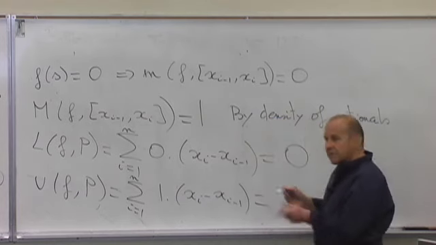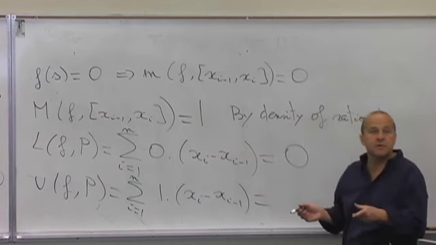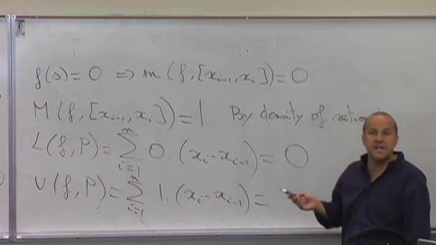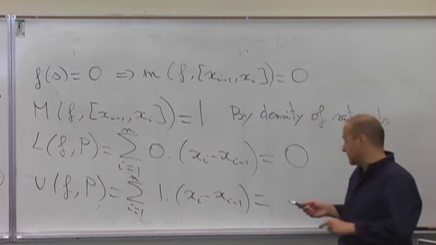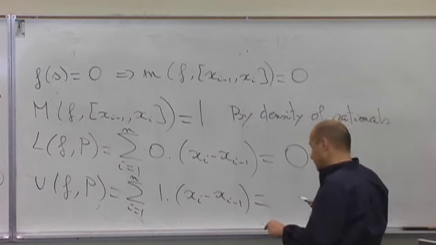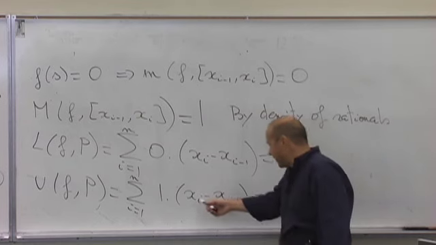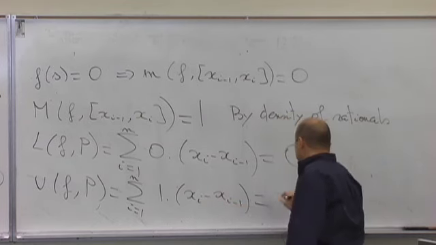And this is a telescoping sum. So what's left is the first and the last term. Maybe we should write it the first time. When I do i equal 1, what do I get? x1 minus x0.